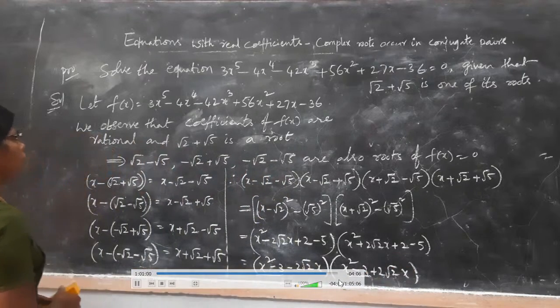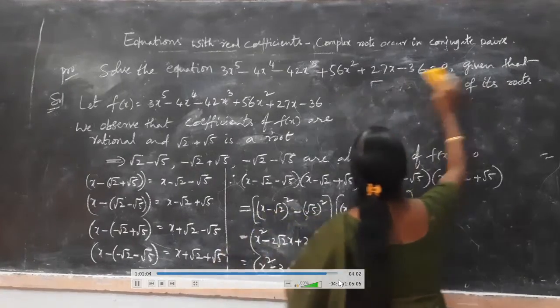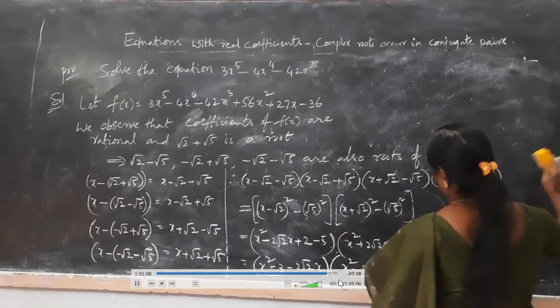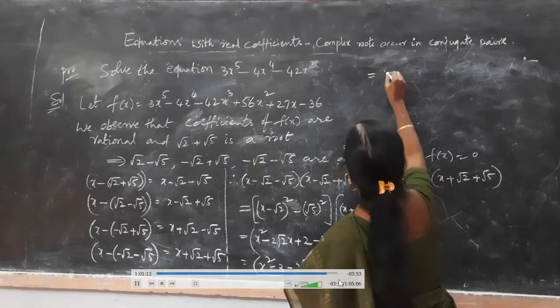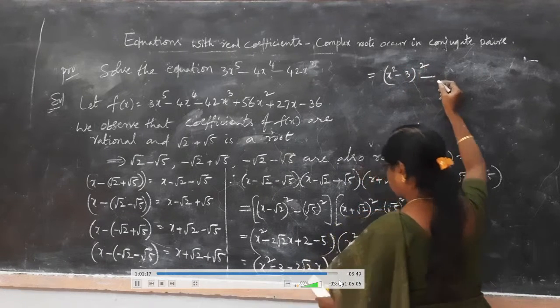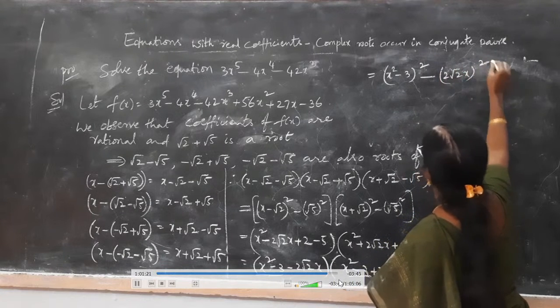Again we multiply, so here I am multiplying once again. That is (x square minus 3) whole square minus (2 root 2 x) whole square.